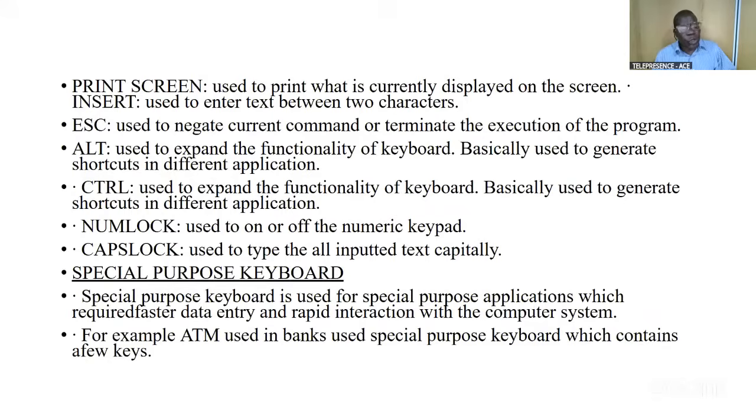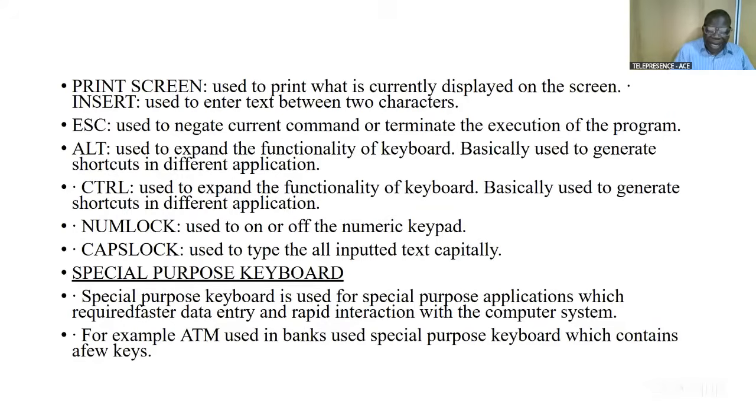Alt, used to expand the functionality of the keyboard, basically used to generate shortcuts in different applications. Ctrl, used to expand the functionality of the keyboard, basically used to generate shortcuts in different applications. Numlock is used to turn the numeric pad on or off.